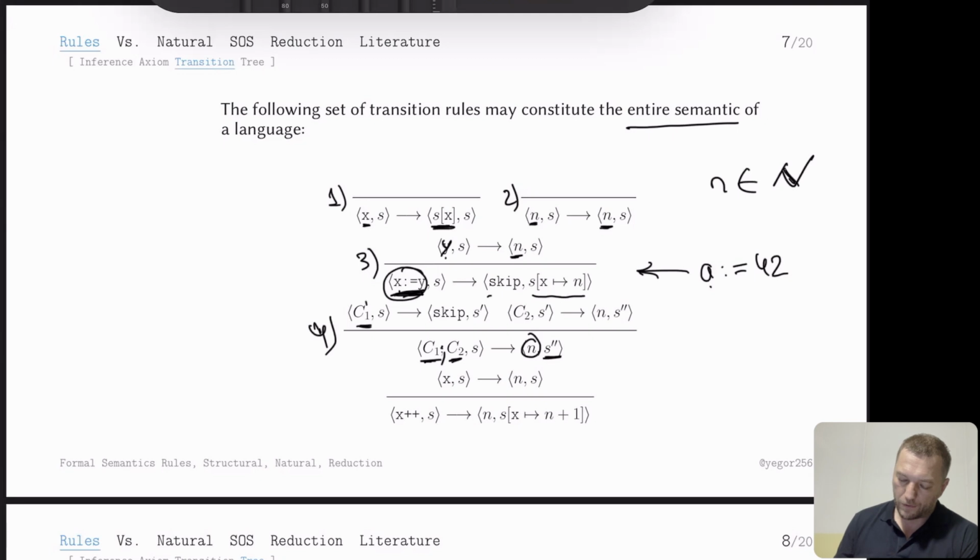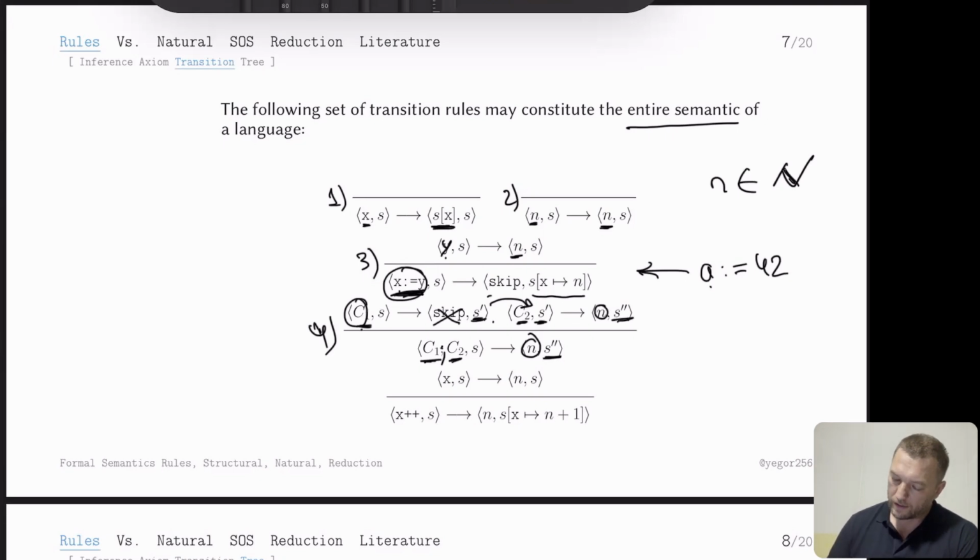Premise number 1: command 1 can be transferred to skip, and the state will be changed. Then you can take command 2, provide the changed state from here, and it will transfer to the result number, and the state will be changed the second time.